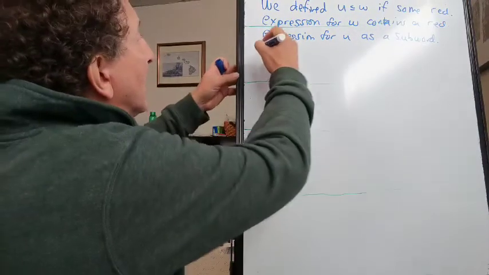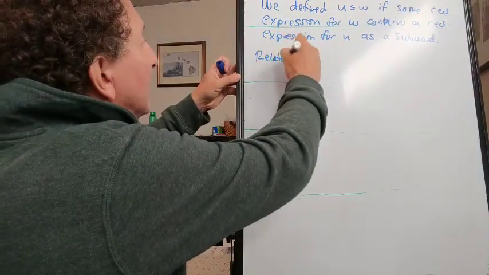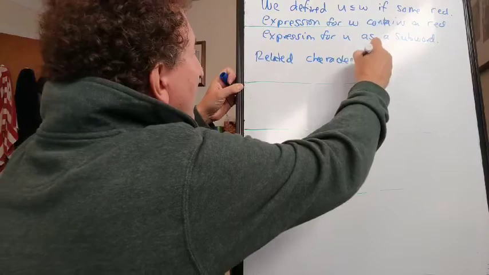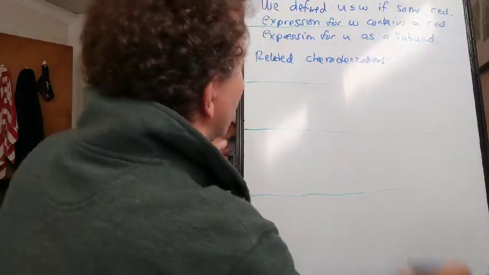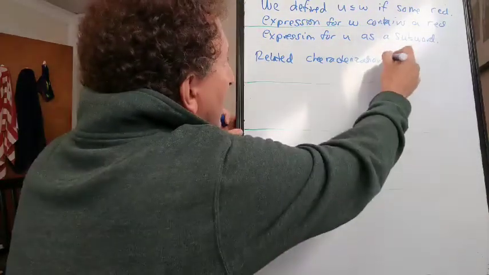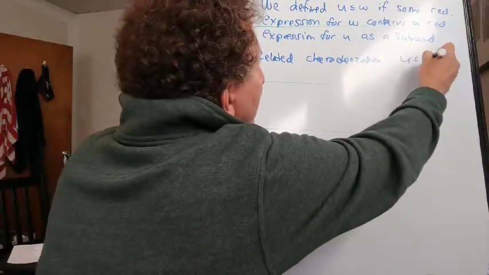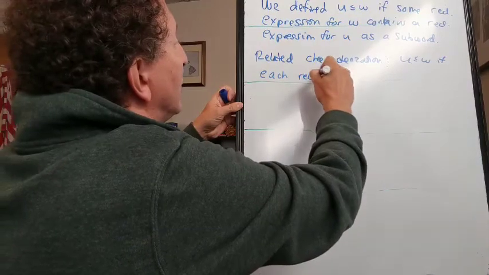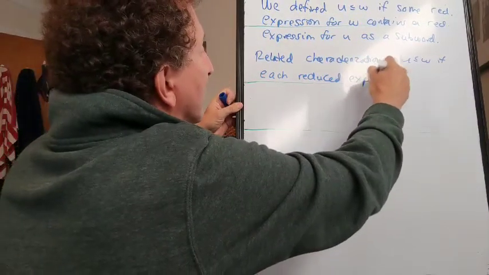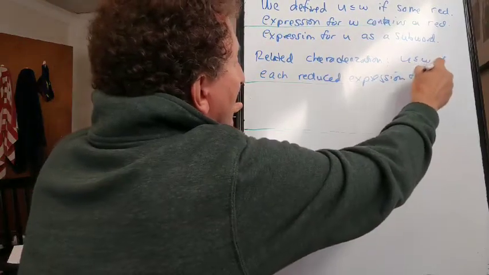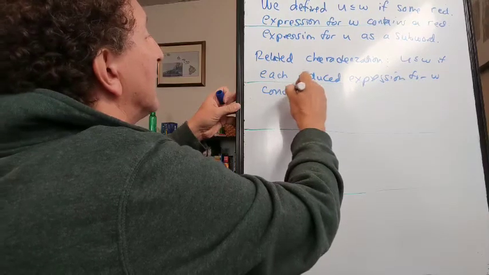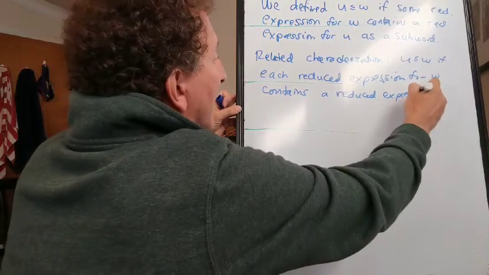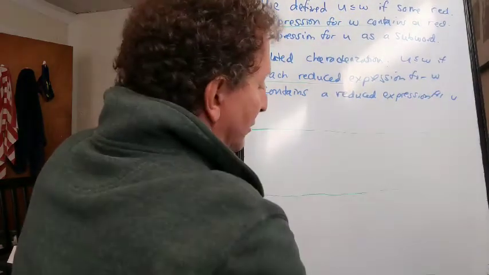A very closely related characterization of the Bruhat order is that U is less than or equal to W if each reduced expression for W contains a reduced expression for U as a subword.